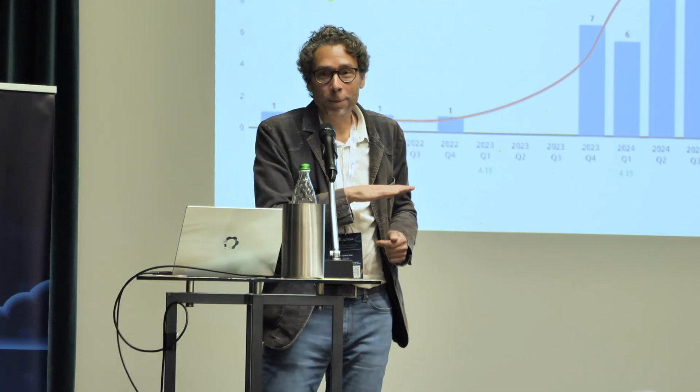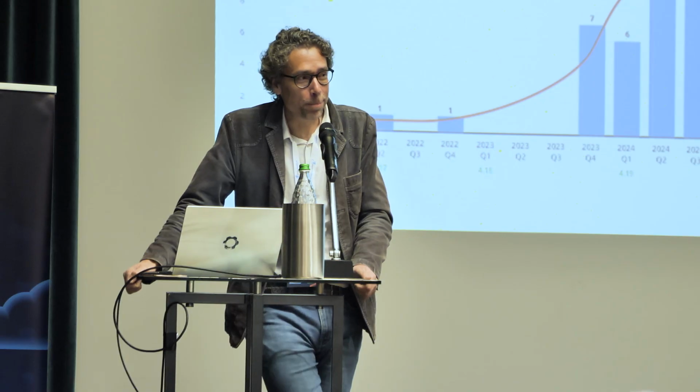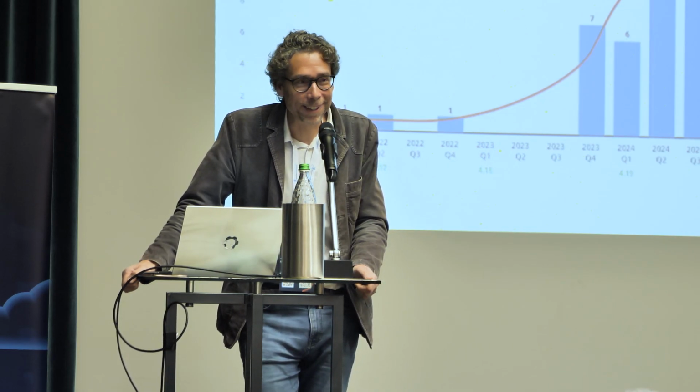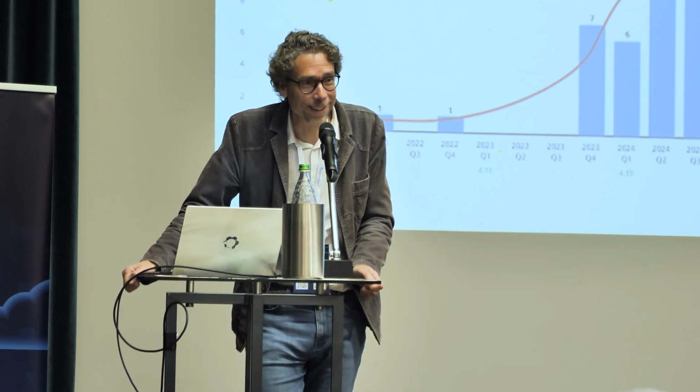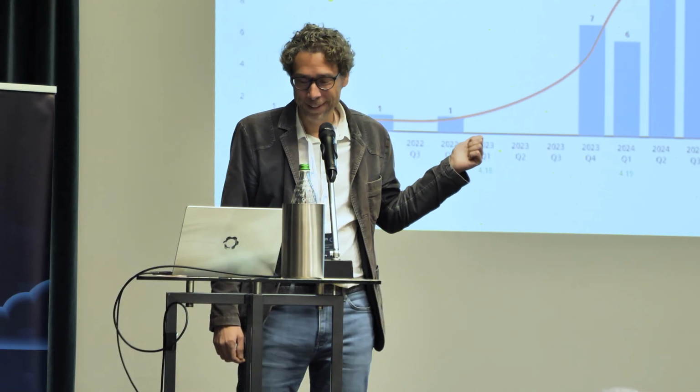So it's starting to get boring. And when it becomes boring for the developers, that's a good sign for those who don't want to develop it but use it. That's my message with this graph.